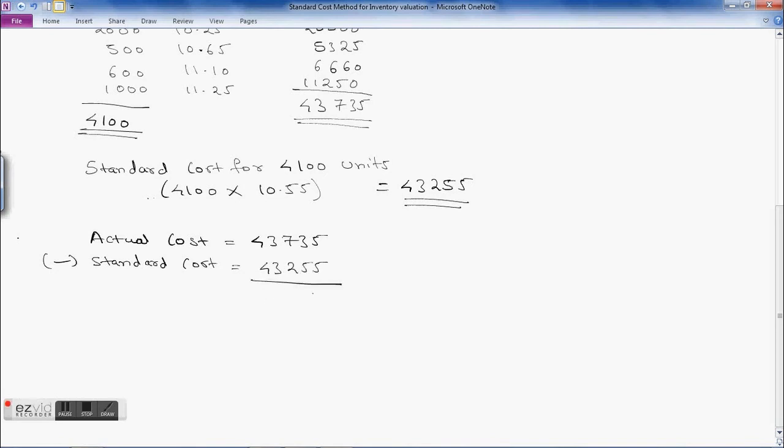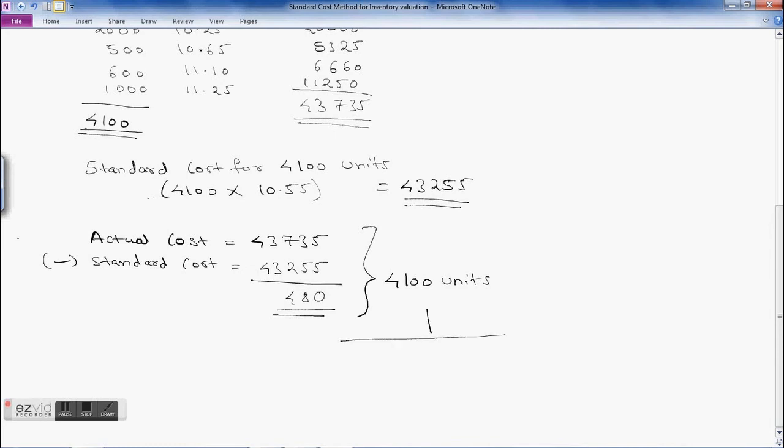So the variance comes to 480 rupees. Now this is for how many units? This is for 4,100 units, which are the total units purchased.